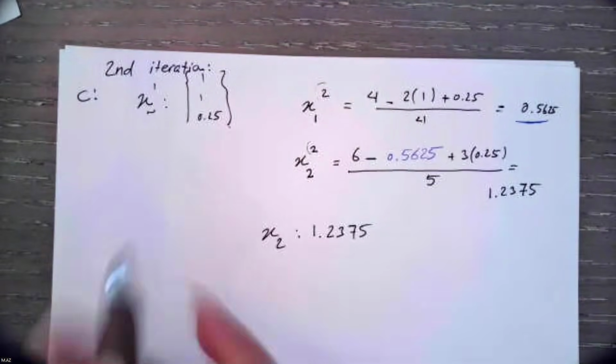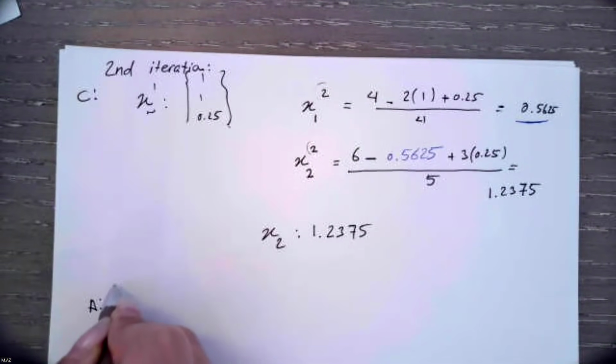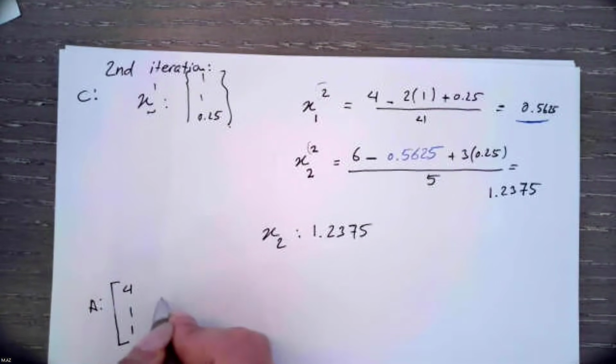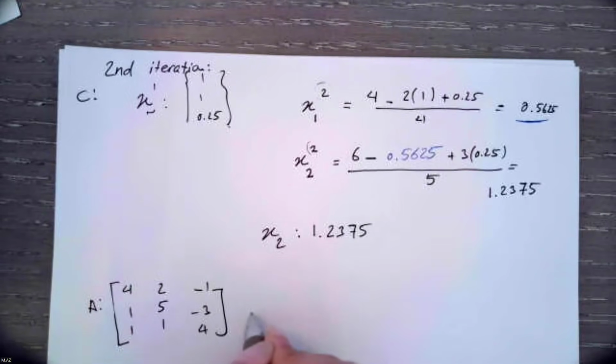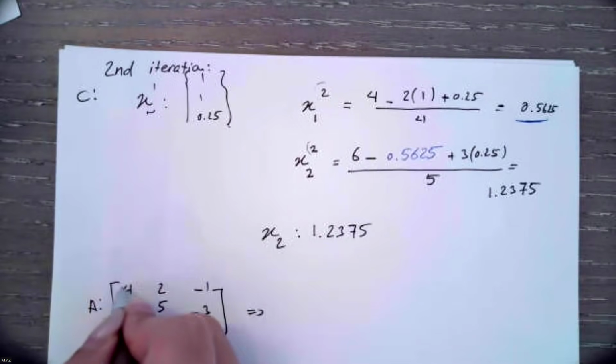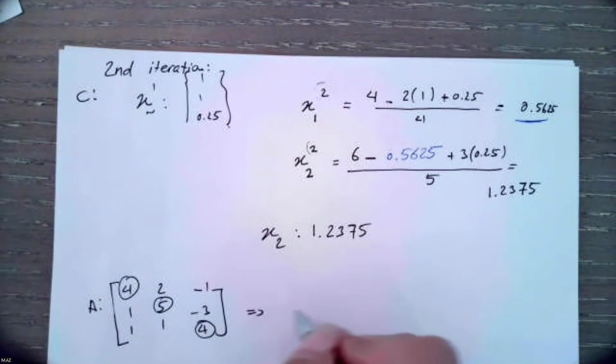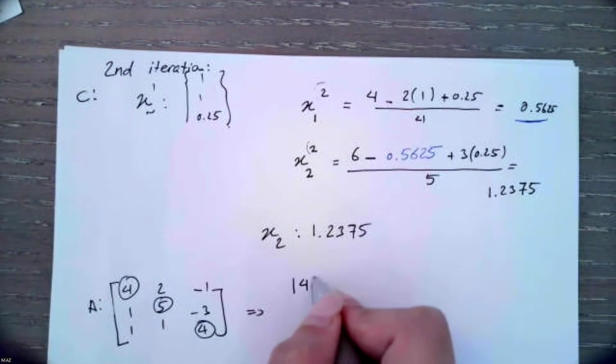Look at the matrix A. We check the elements on the main diagonal for the diagonally dominant conditions.